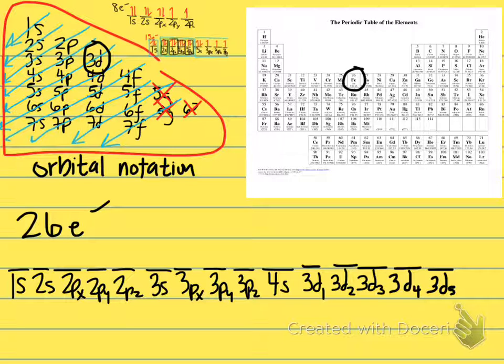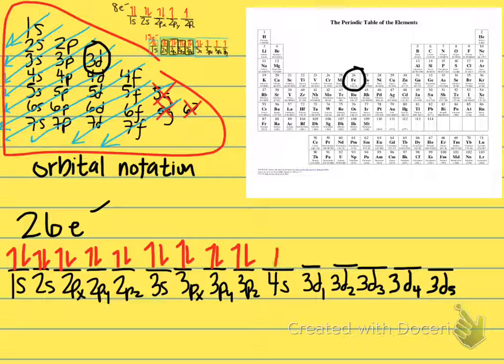Okay, start filling. The first 4 are easy because they're S's, so you know that you're doing them, 1, 2, 1, 2. Then we get to a P, 1, 2, 3, 4, 5, 6. So we're up to 10. We have 16 left to go. S's, easy. 3P, 1, 2, 3, 4, 5, 6.